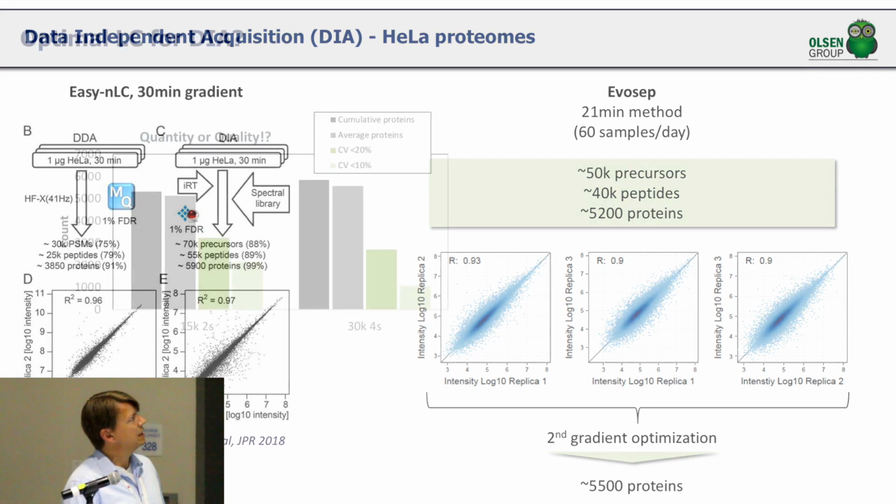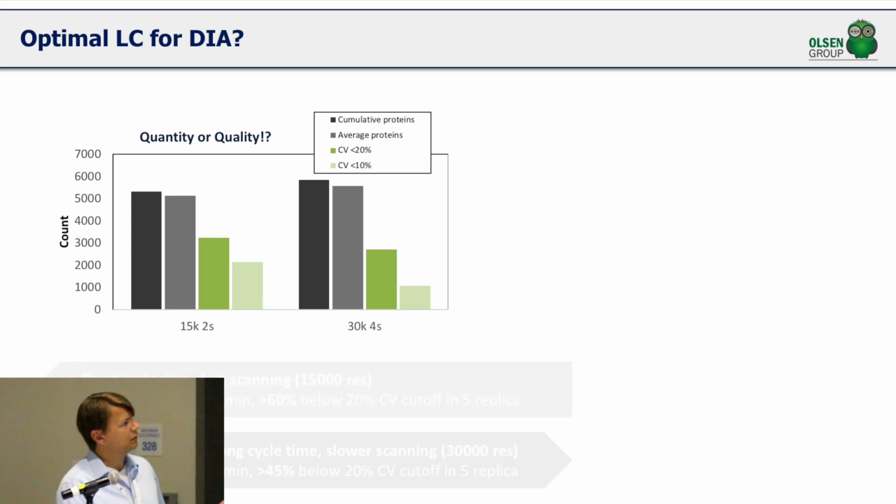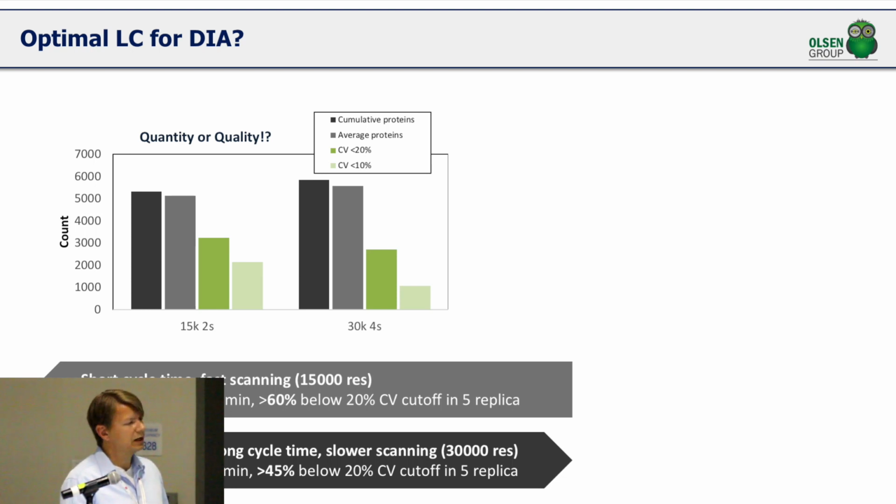And again, for DIA, we're of course interested in getting as low CVs as possible on the peptides that we identify, and therefore we often end up in this kind of trade-off situation. If you want to have good quantitation, then you need to scan faster, have faster scan cycles, but that typically then leads to a lower number of identifications.